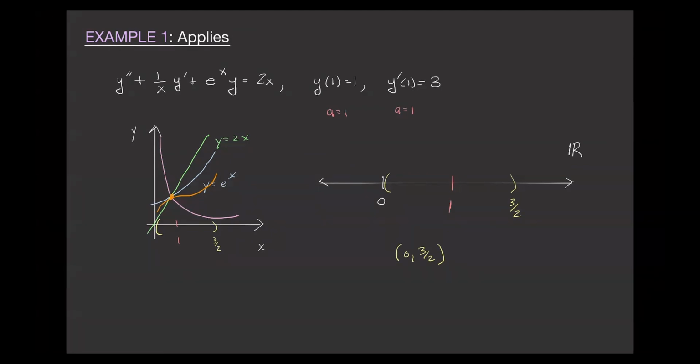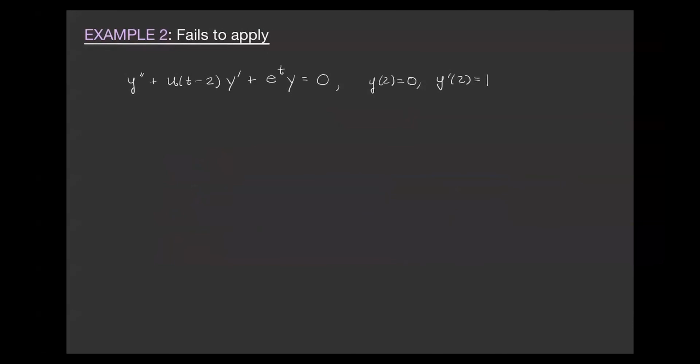Let's look at a place where it does not apply. Here, the function u of t minus 2 is something that we'll see when we look at Laplace transforms in the 5th and 6th week. But a really quick introduction is that u of t minus 2 is simply a step function, and it looks like this, where you're 0 until you get to 2, and then you jump up to 1.